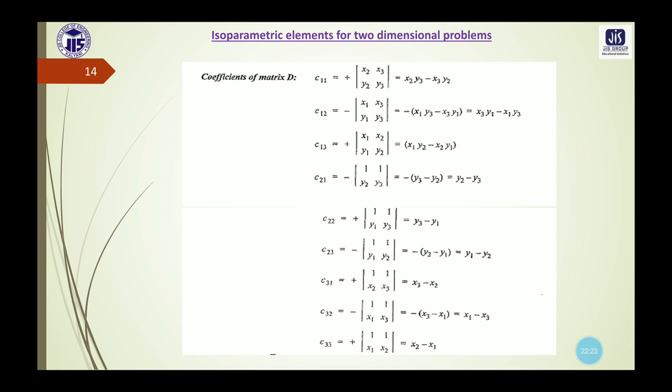For that we need to first calculate the coefficients of the matrix D. This matrix operation for the inverse we know, so it has been presented here step by step. The coefficients of the matrix are C11, then C12, then C13, C21, and all these, and the different steps are written here.